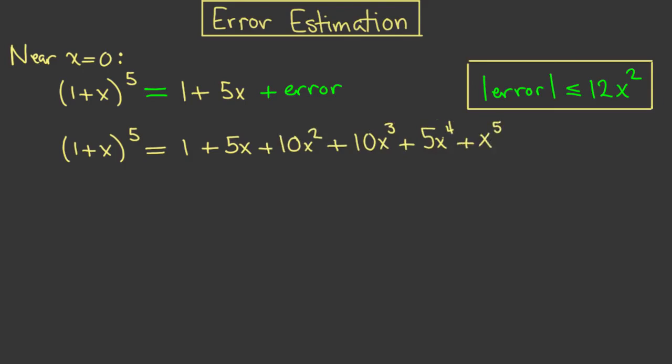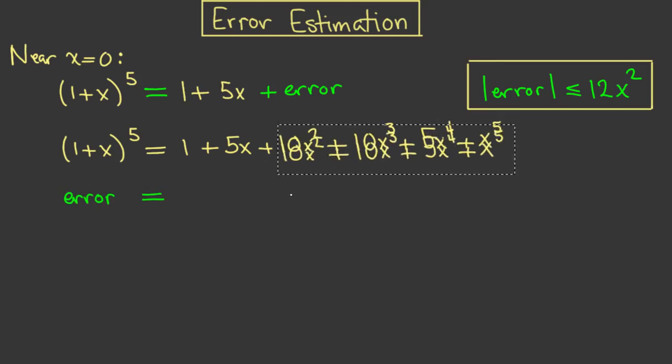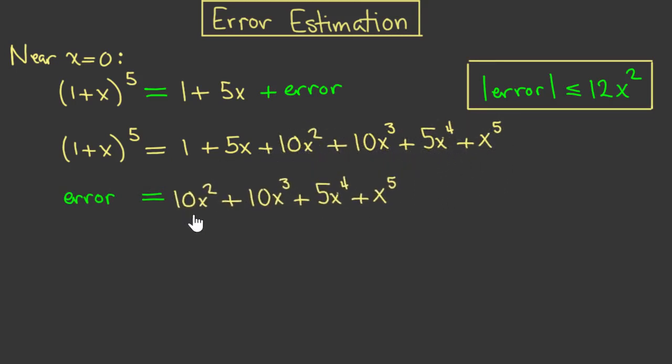In the linear approximation, the error function is just what we get when we subtract off the linear approximation from our function. So the error function is this piece. It's 10x squared plus 10x cubed plus 5x to the 4th plus x to the 5th.